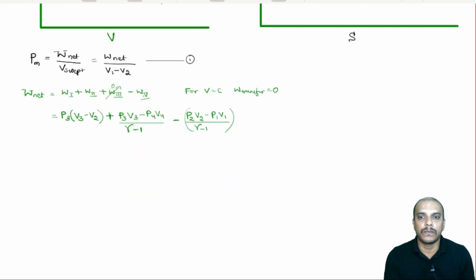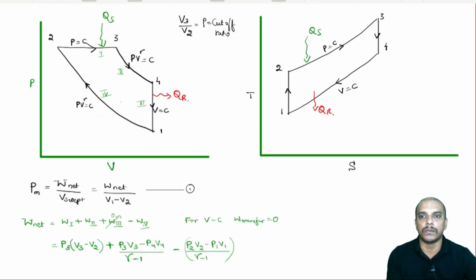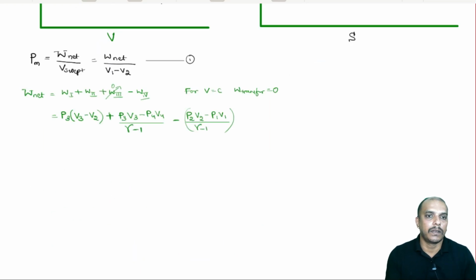Now, from the diagram we know that P3 is equal to P2. So, I can write P2 in the first term in place of P3.